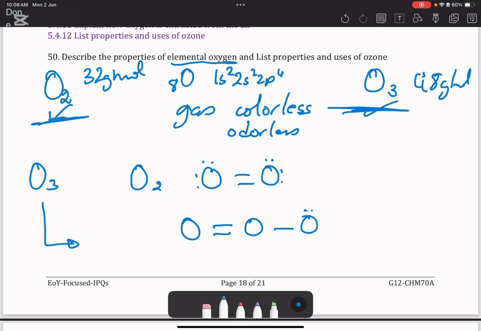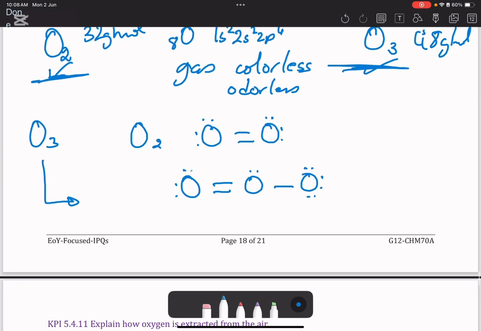The double bond can move between these 3 atoms, from here to here. So this is the other resonance structure of ozone.